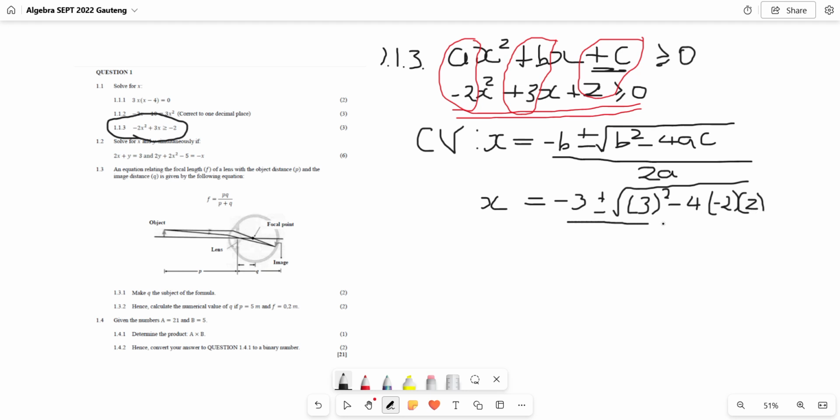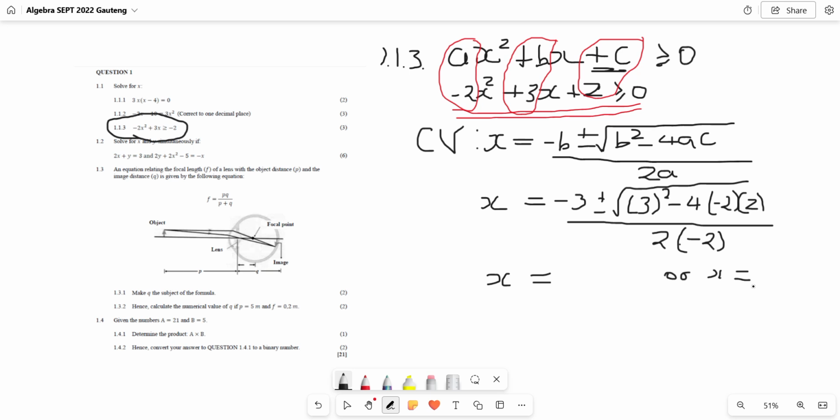Then everything divided by 2 multiplied by the value of a, which is negative 2. Then the first critical value x will be equal to, and the second critical value x will be equal to. Now we use our calculator.